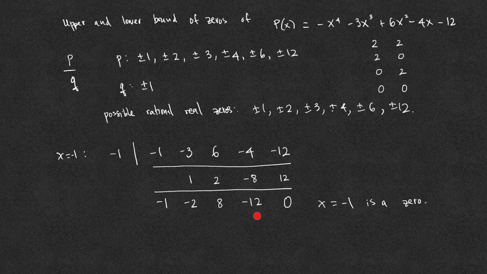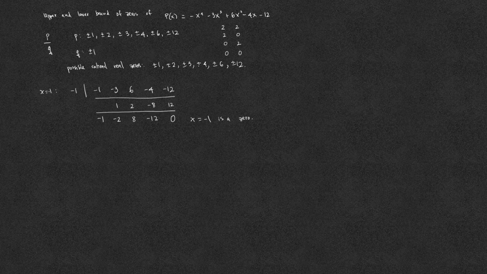For the synthetic division to reveal something about the upper or the lower bounds of zeros, the last row has to have no negative entry or the sign needs to alternate. Look for those two features. We can keep performing synthetic division, but it is recommended that we write it in the factor form if we find a 0.